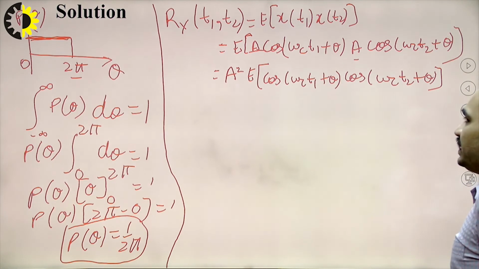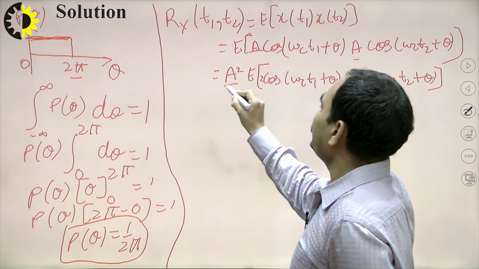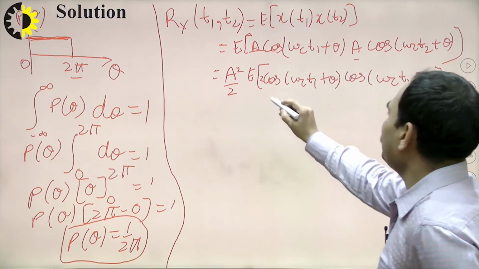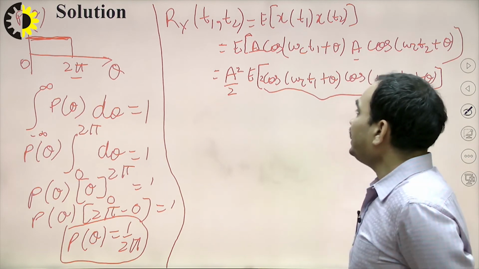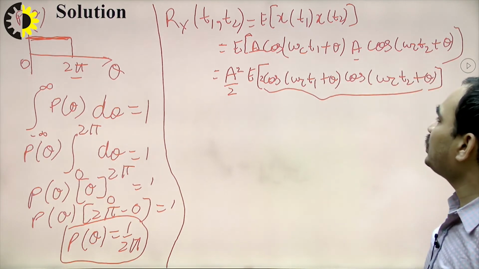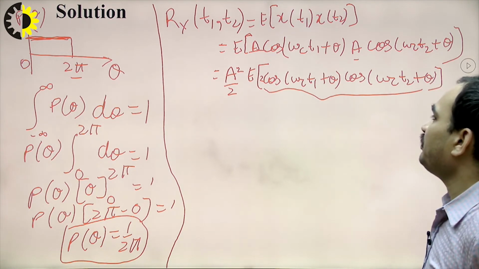Now if we multiply by 2 and divide by 2, we can use a trigonometric identity: 2 cos A cos B equals cos(A plus B) plus cos(A minus B).